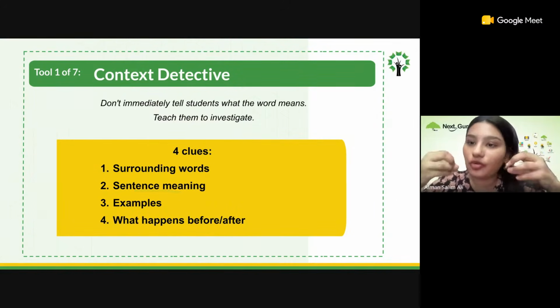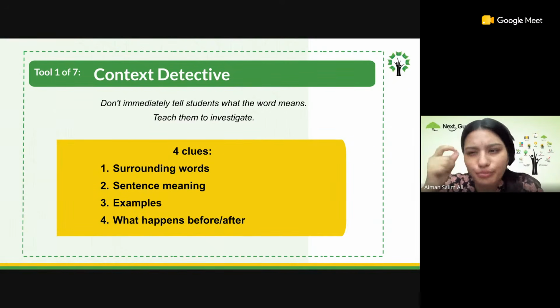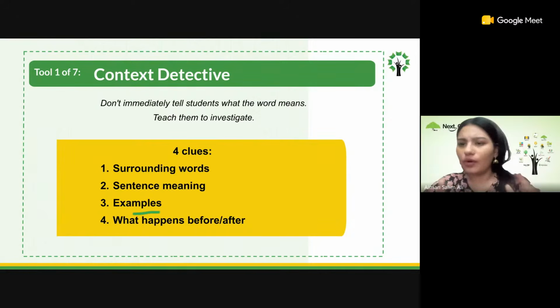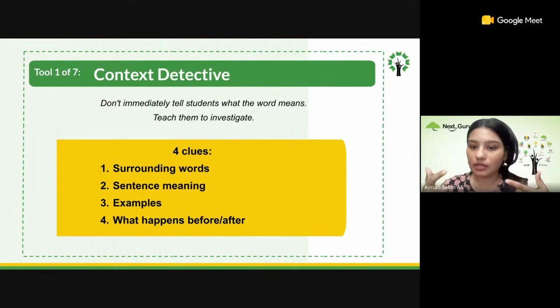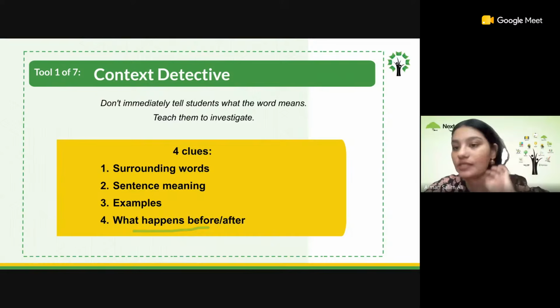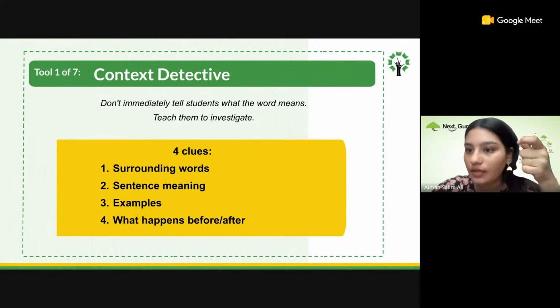You don't have to know the exact definition of the word, but if you're able to understand what that sentence means somehow or the other, then that becomes our clue, right? The third is example. If the word has examples here and there around it, that becomes our clue. And if we can understand what happens before or after that word, then that also might become our clue.